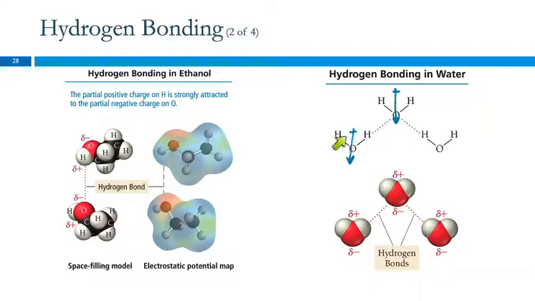And so here we have the positive end of water and the negative end of water, and that's the attraction between them. A dipole force is the force of attraction between one dipole and another dipole. So a dipole to dipole. So here's a dipole and here's a dipole, attractive force between them.